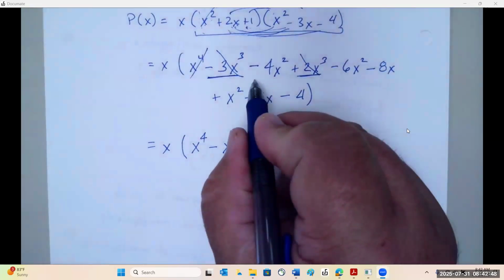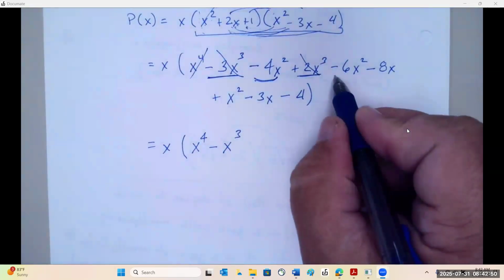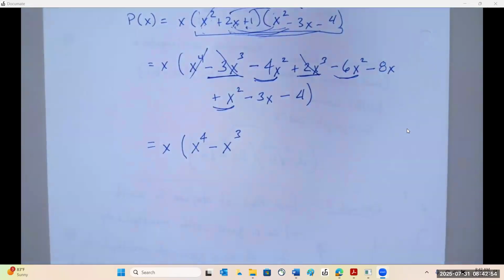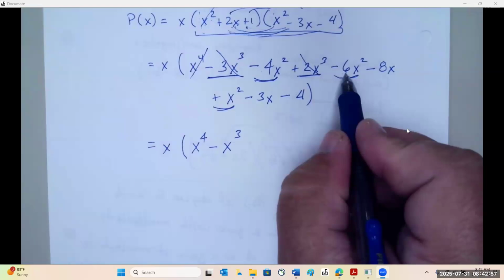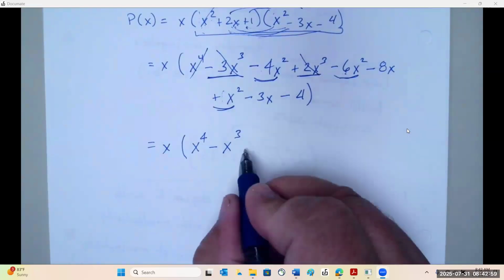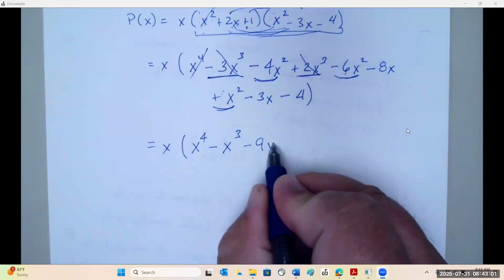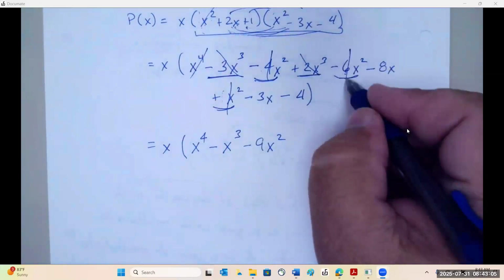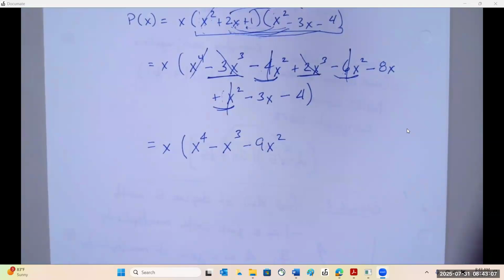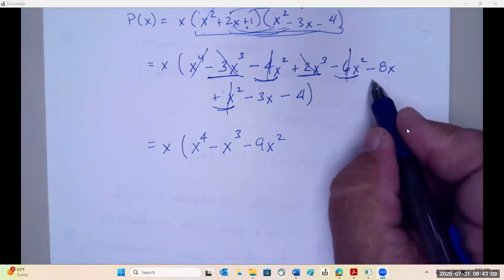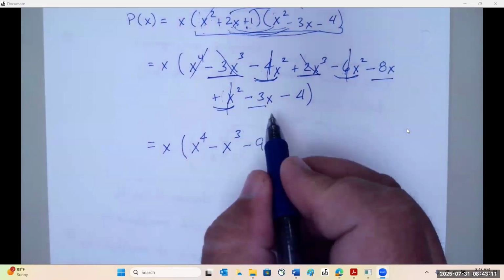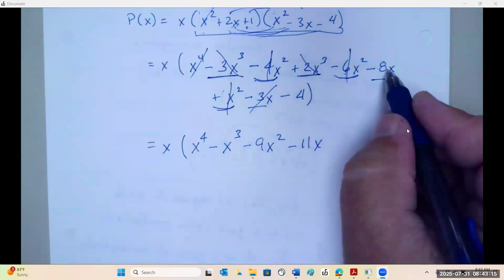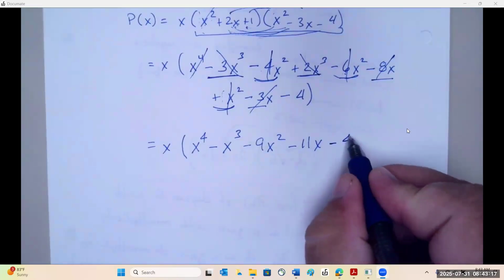Next is x squares: -4, -6 is -10, plus 1 is -9 x squared. Now the x's: -8, -3 is -11 x's, and then -4.